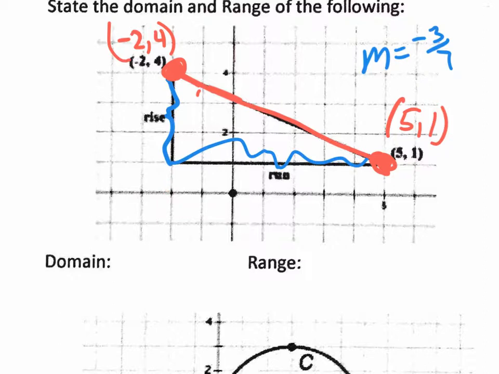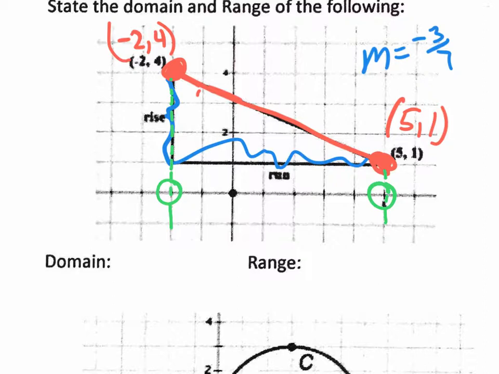And does it exist at negative 1? Yes. At 0? Yes. Even at 1/2 if you wanted to? Yes. At 1, at 2, at 3, at 4, at 5, but it doesn't exist at 6. So where's the domain? Where does it exist in terms of the x number line? Well, it's between here and here. And what's this value and what's that value? That's negative 2 and 5.